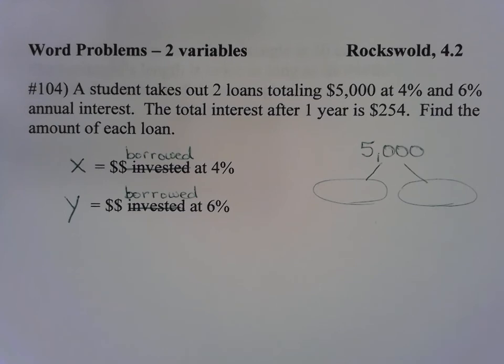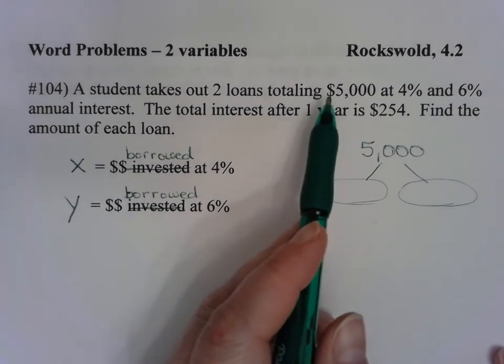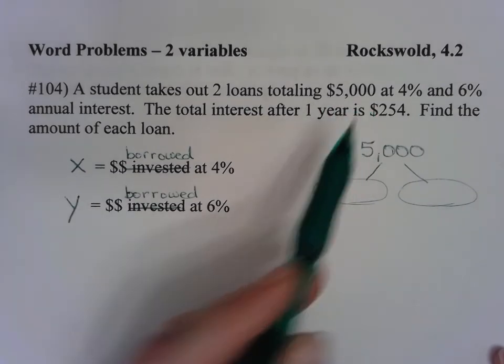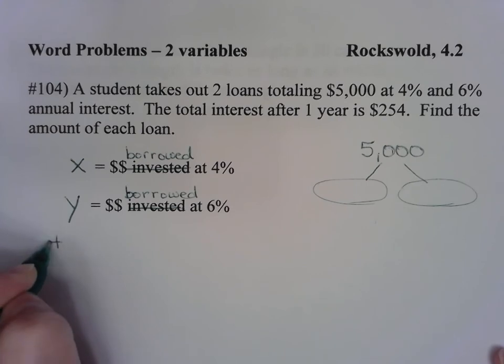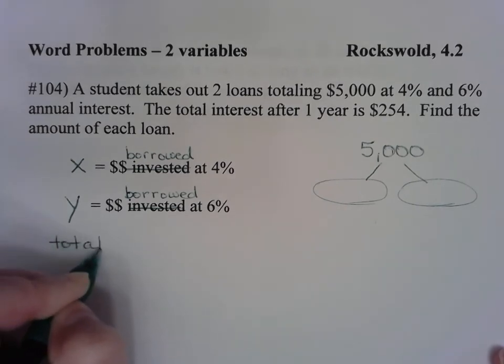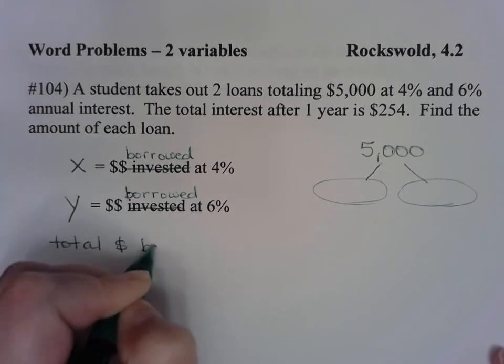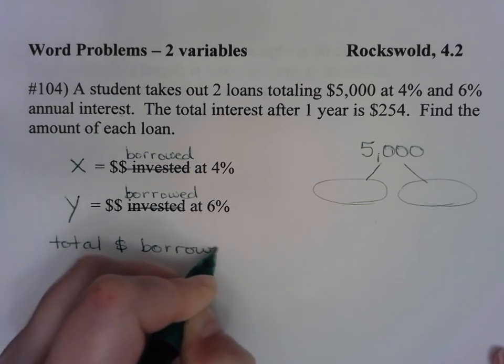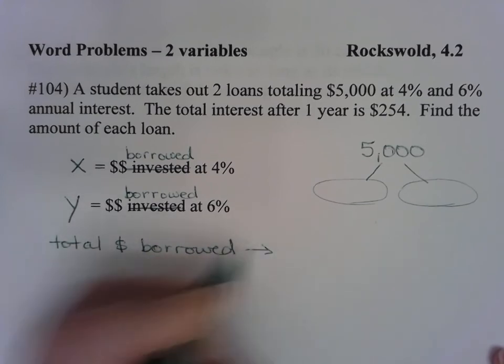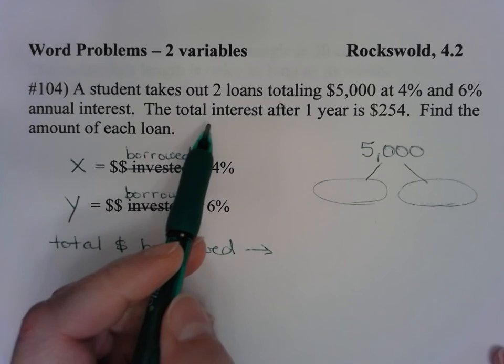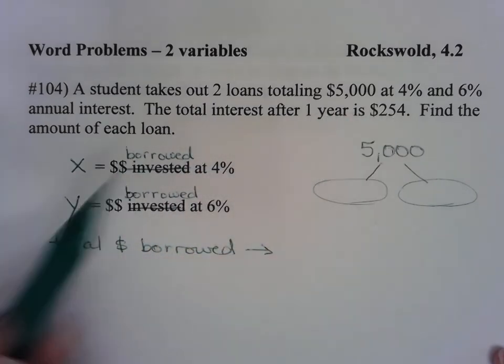Okay, so if we use two variables, we need to use two equations. You could go back to the tables we looked at in the other video. I'm not going to do that today, but you could definitely pull that in to help you. Okay, there are two totals in this problem, right? There's the total money borrowed, I'm going to write that down, and then there's the total interest after 1 year.